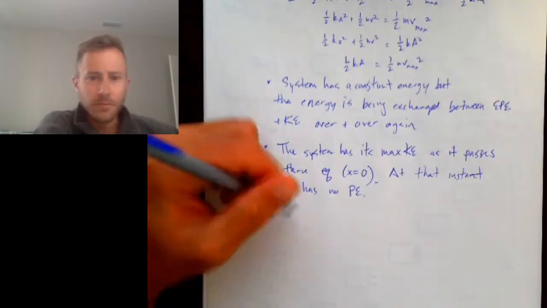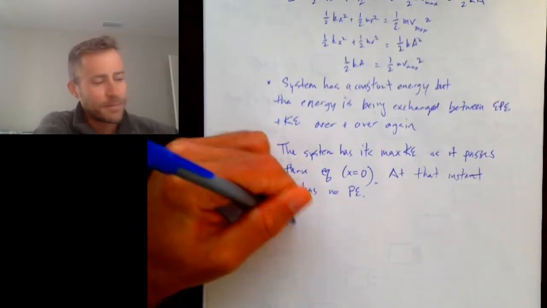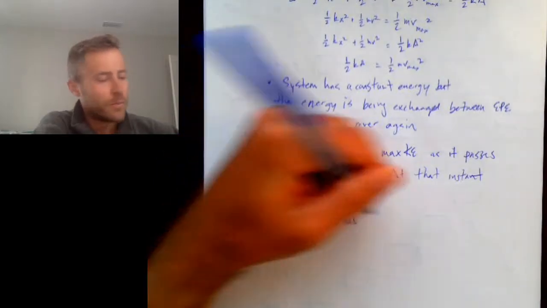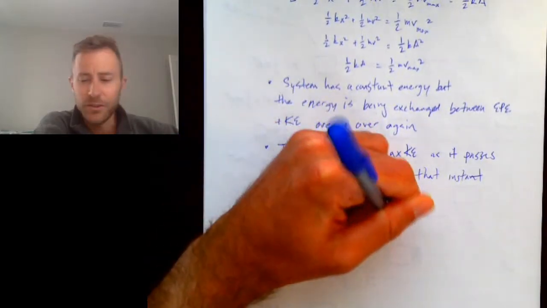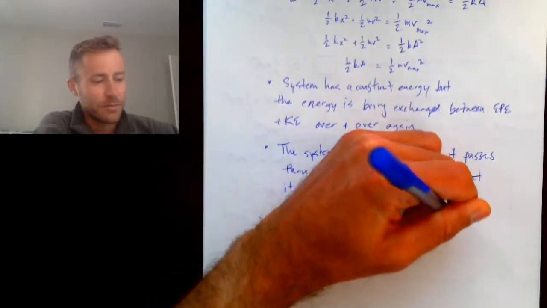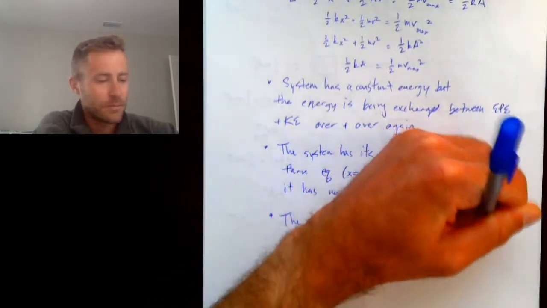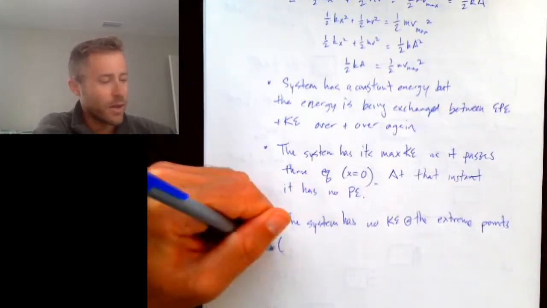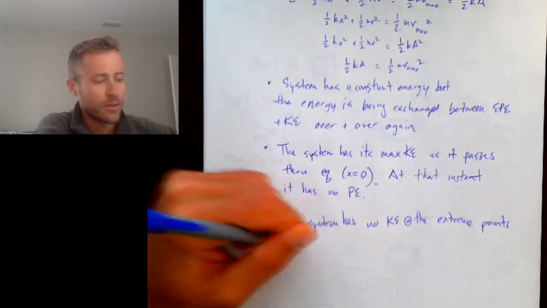The system has no kinetic energy at the extreme points. The extreme points, you will recall, are x equals plus or minus an amplitude.